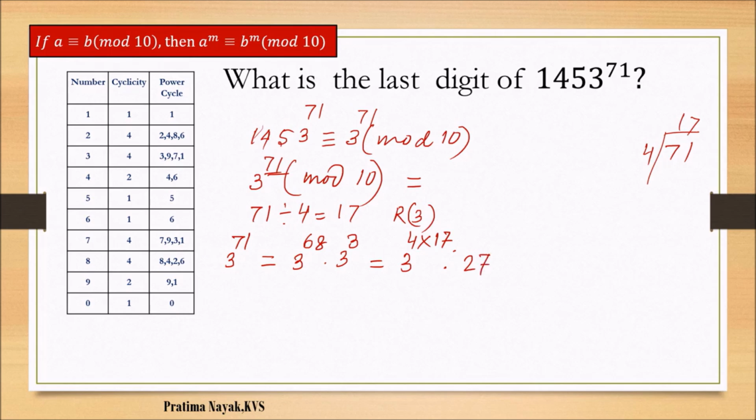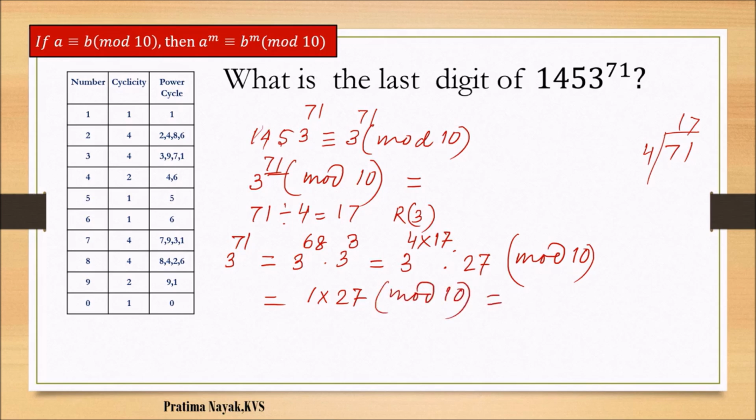So now we'll go for modulo 10. It will be 1 into 27 modulo 10. 27 modulo 10 is 7. So 7 is the unit place digit.